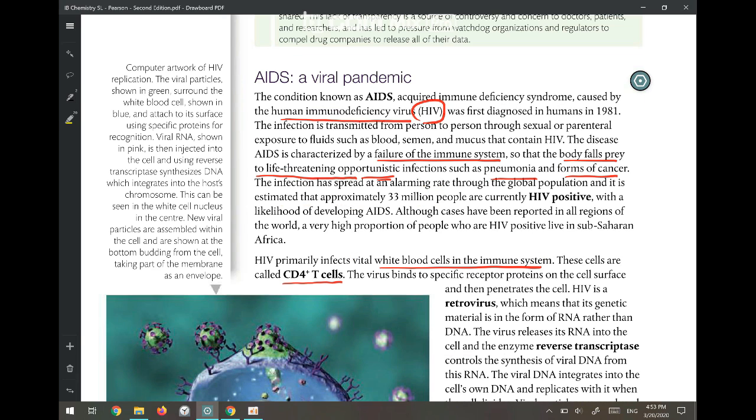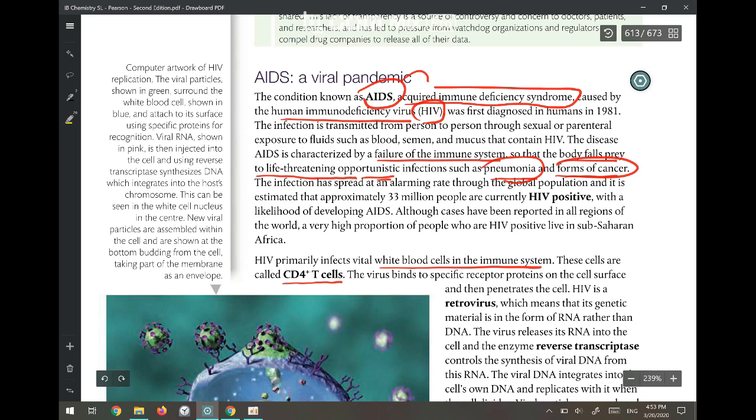When a person has HIV and their immune system is damaged and they get some serious infections like pneumonia and some forms of cancer, this situation is called AIDS. It stands for acquired immune deficiency syndrome.